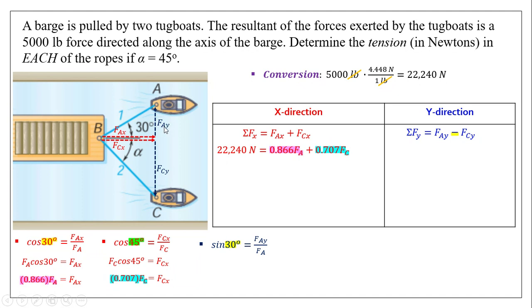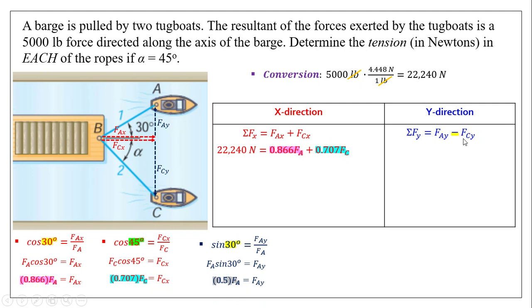So it'd be FAY, which is my opposite leg, over FA, which is my hypotenuse, and that's what I have here. Utilizing the same strategy, we can solve for FAY by multiplying both sides by FA. So you have sine of 30 times FA, or FA times sine of 30. But sine of 30 is just 1/2 or 0.5, so I want to simplify that to 0.5 FA.